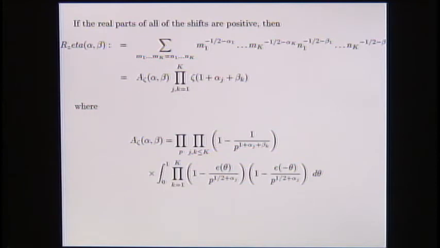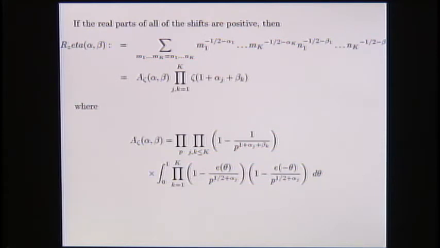When you do, just like what we did over here, you get a product of k squared zetas that appear like this.